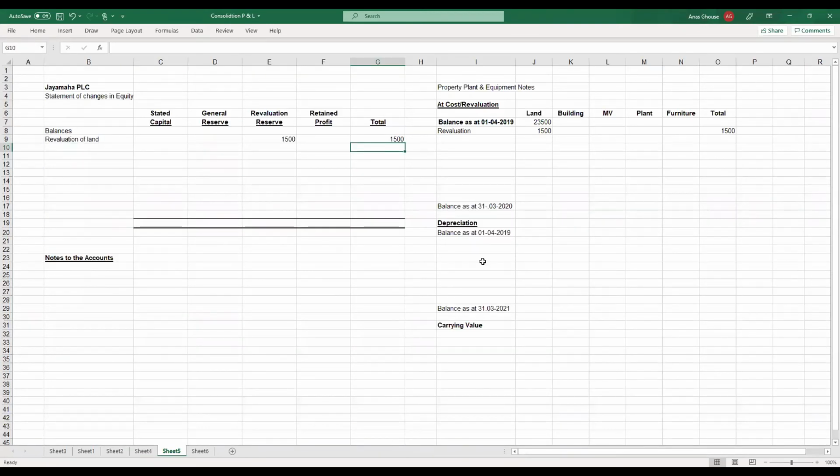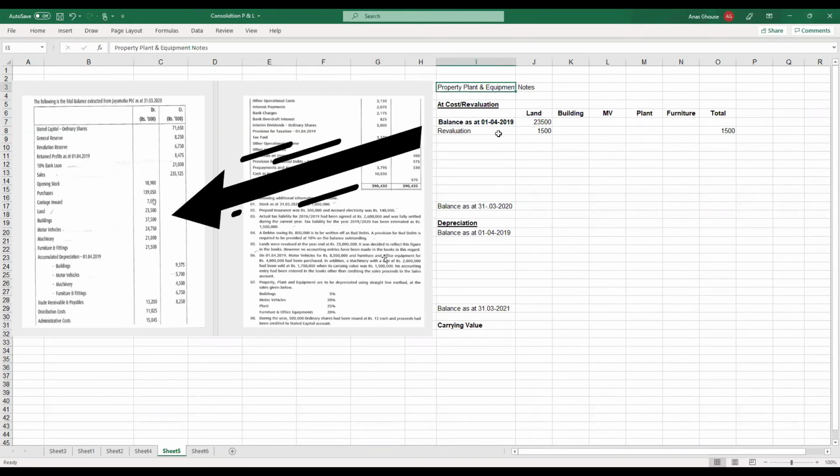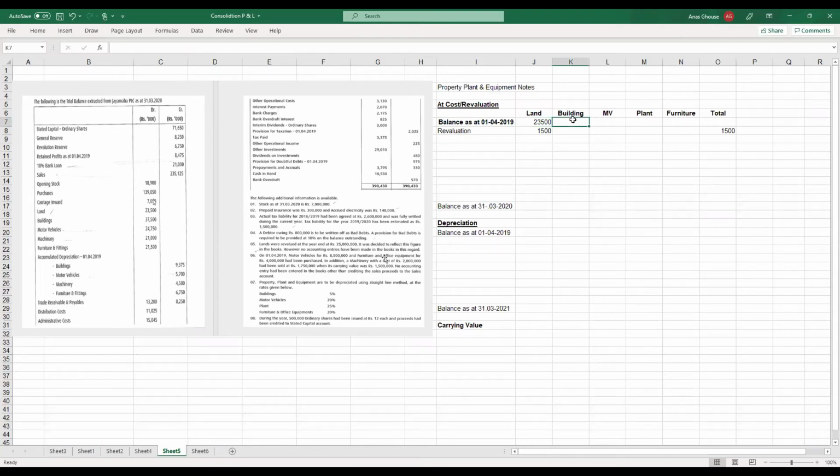Then if you take the property, plant, and equipment, we had the land. Building cost is how much? 37,500,000. Motor vehicles, we had a balance of 24,750, and during the year addition is 8,500,000.